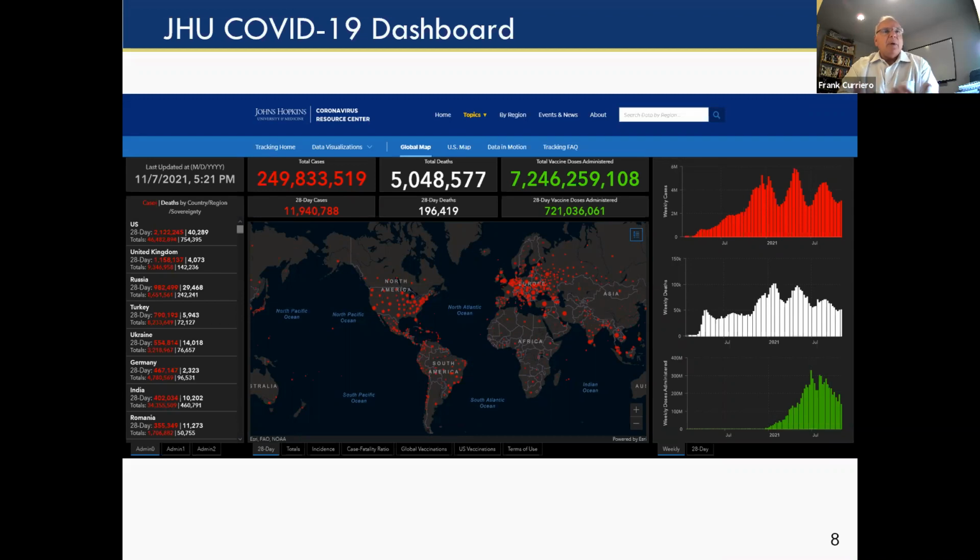A map is just a posting of your data. But this JHU COVID-19 dashboard really got popular and famous over the last year and a half. And for Tim and I, teaching, this is the most powerful example we can give on the use and benefits of mapping data, getting location information and putting it on a map.